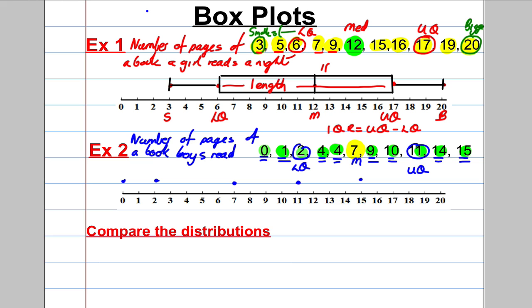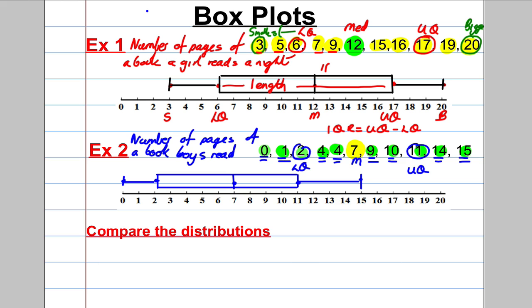Now remember, we draw a little line from the lowest to the lower quartile and a dash, and from the upper quartile to the biggest and a dash, and then we draw a box as follows. From the lower quartile to the upper quartile and a line where the median is.